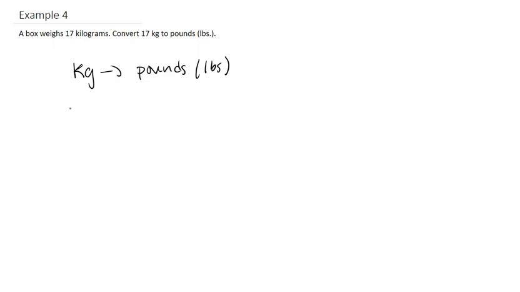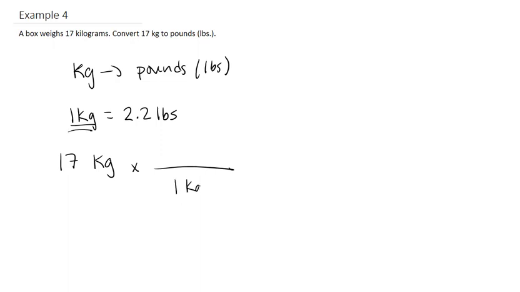And we know 1 kilogram is equal to 2.2 pounds. So we're going to use this conversion factor in order to solve for this. So we have 17 kilograms, and we need to multiply, so we get rid of kilograms. So we're going to place this 1 kilogram on the bottom, and then 2.2 pounds on the top.